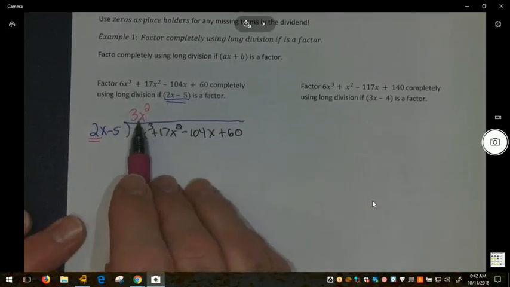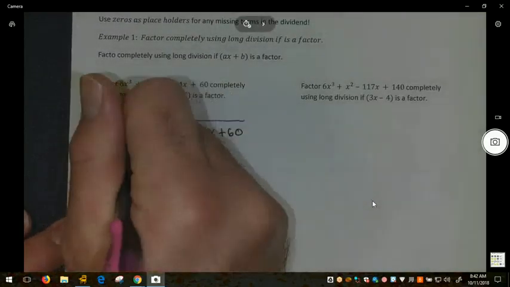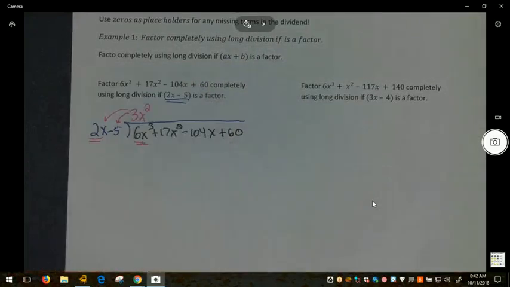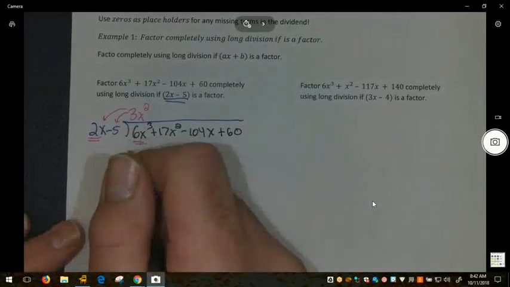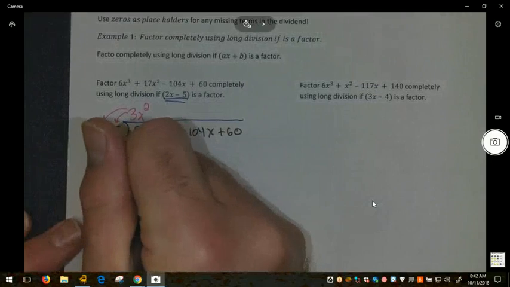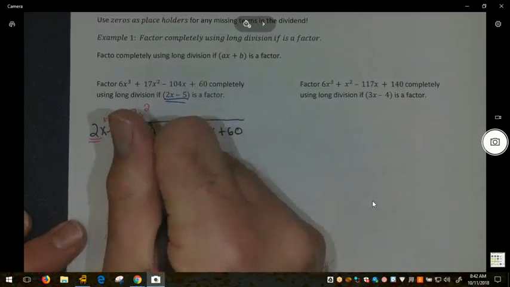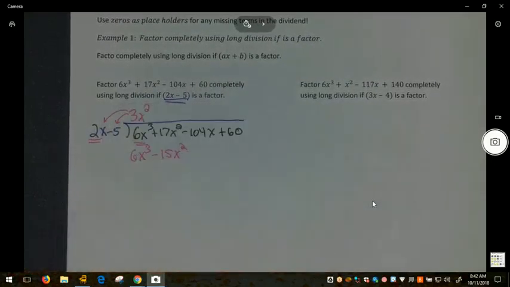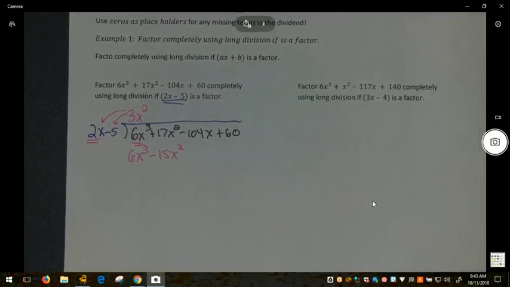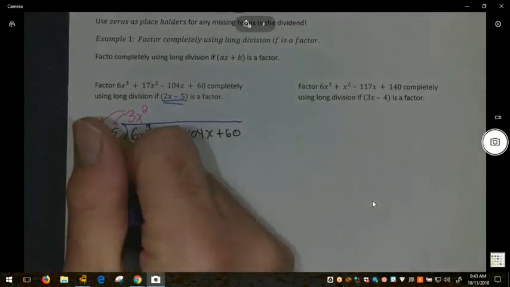Once you have that first part of the quotient, you have to distribute it to both terms in your divisor and write those down here: 6x cubed minus 15x squared. Now normally we just subtract these, but when we're subtracting polynomials, we want to change all the signs and combine like terms.